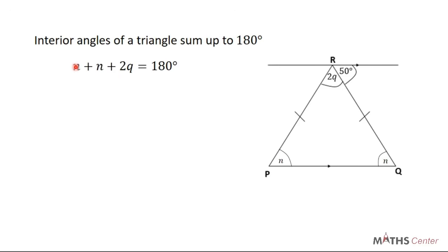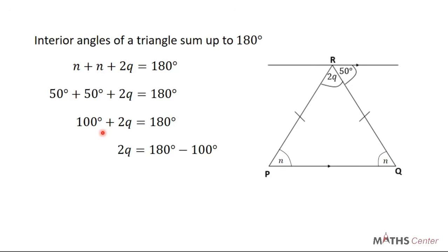So N plus N plus 2Q gives us 180 degrees. 50 plus 50 is 100, so 100 degrees plus 2Q is equal to 180 degrees. 2Q will be equal to 180 degrees minus 100 degrees, so you simplify from here and Q gives us 40 degrees.